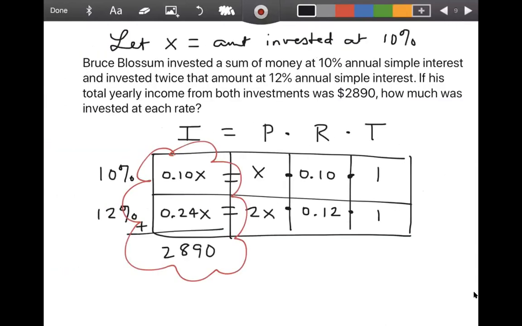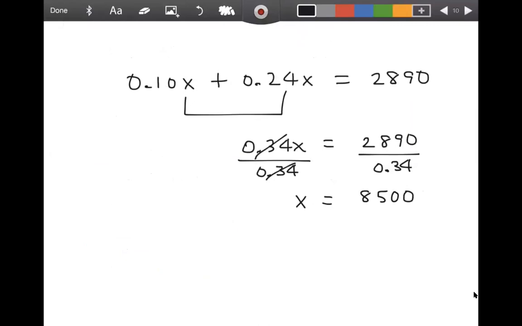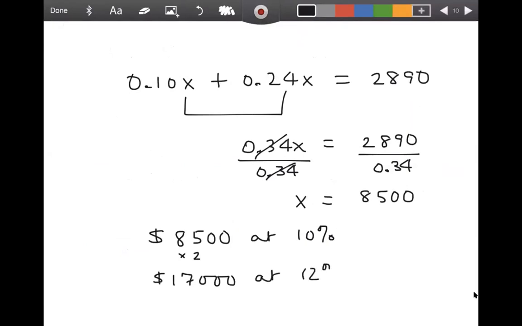How much was invested at each rate? So I need to put both. X was the amount invested at 10%. All right, at this point, we'll say this is close enough to a complete sentence. $8,500 at 10%, and twice that amount, which would be 17,000 at 12%.